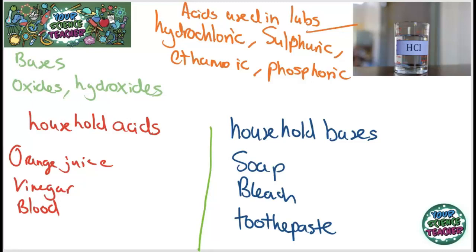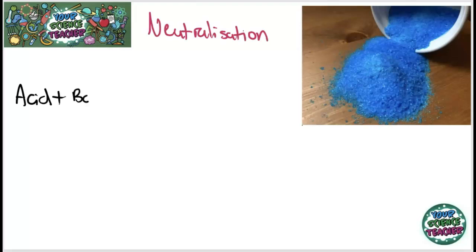But what actually happens when you have an acid and you mix it with a base? Well, you get a reaction called neutralization. And in all neutralization reactions, you make the same two products. You're always going to make a salt and you are always going to make water.